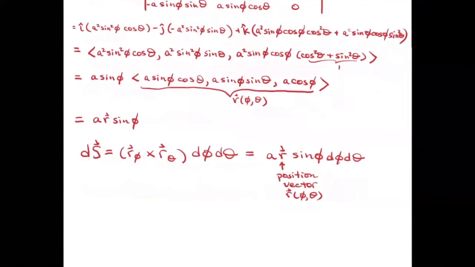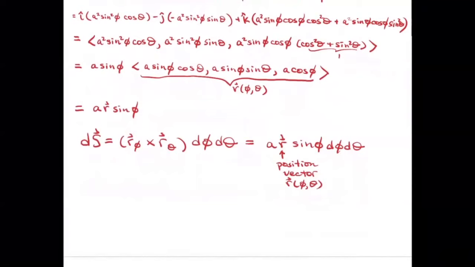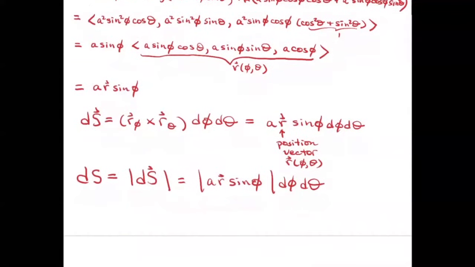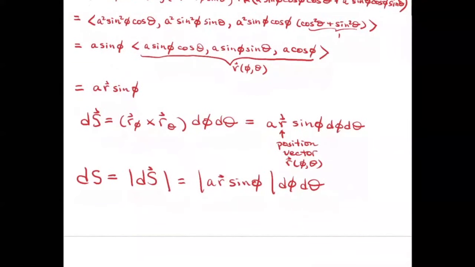Now that's handy to remember because we don't forget that ds, the scalar, is just the magnitude of ds, the vector. So this is just going to be the magnitude of a r sine phi. I don't really want the d phi, and these are positive, so I don't need them inside. A is the radius, it's positive.